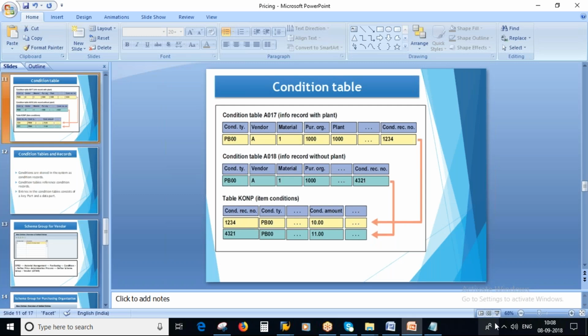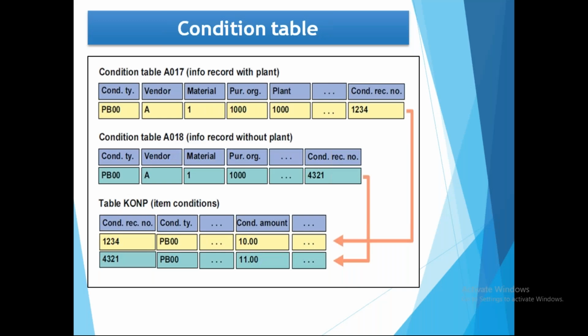A condition table will have a condition record. Suppose you maintain some data for a particular material and vendor combination; that will get stored in the condition record number. This is the table, and this is the record in which the data will get stored.